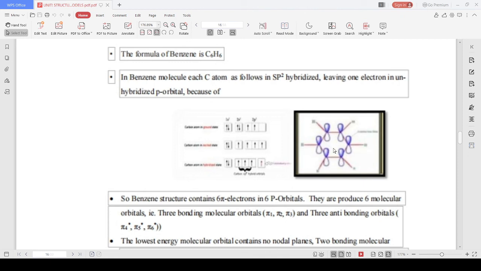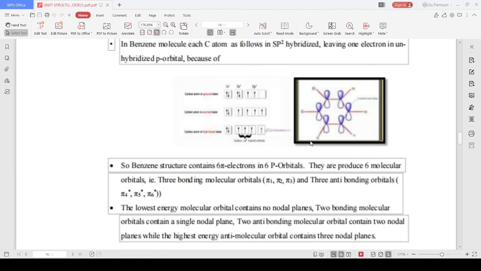Benzene is C6H6, sp2 hybridized, with 1 electron in the unhybridized p orbital. So the benzene structure contains 6 pi electrons in p orbitals.